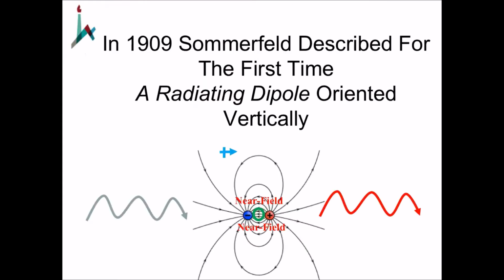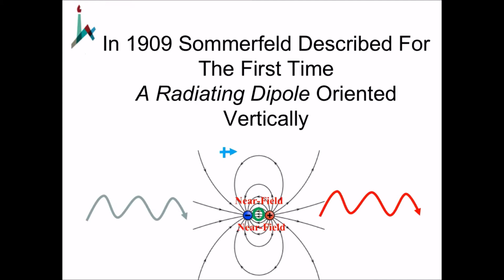So Sommerfeld in 1909 described what is called a radiating dipole, and his description was a very, very important step forward.